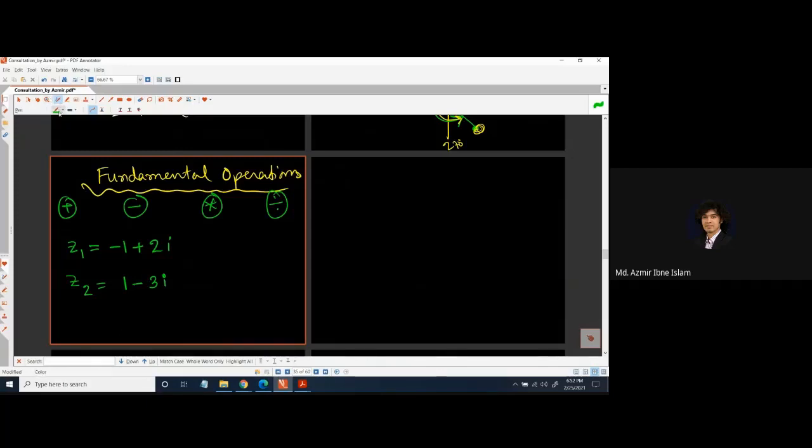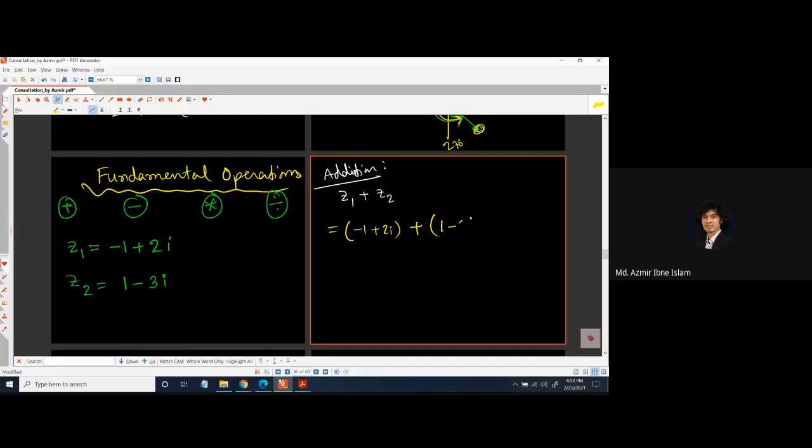So if you are asked to add these two complex numbers, let's say we are going to add Z1 and Z2. So this is addition. So Z1 is -1 plus 2i plus Z2, which is 1 -3i. So what we can do? -1 plus 2i plus 1 -3i.